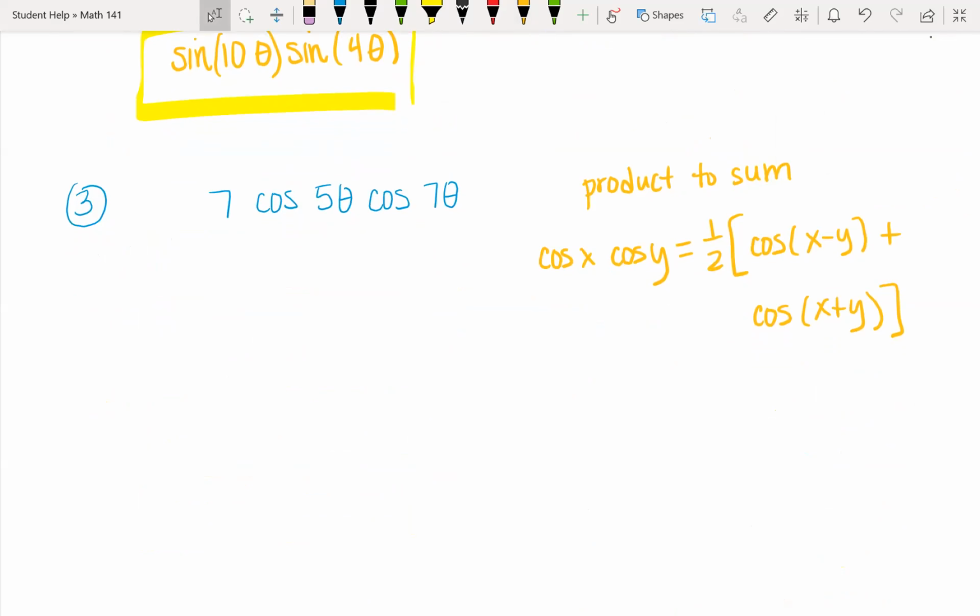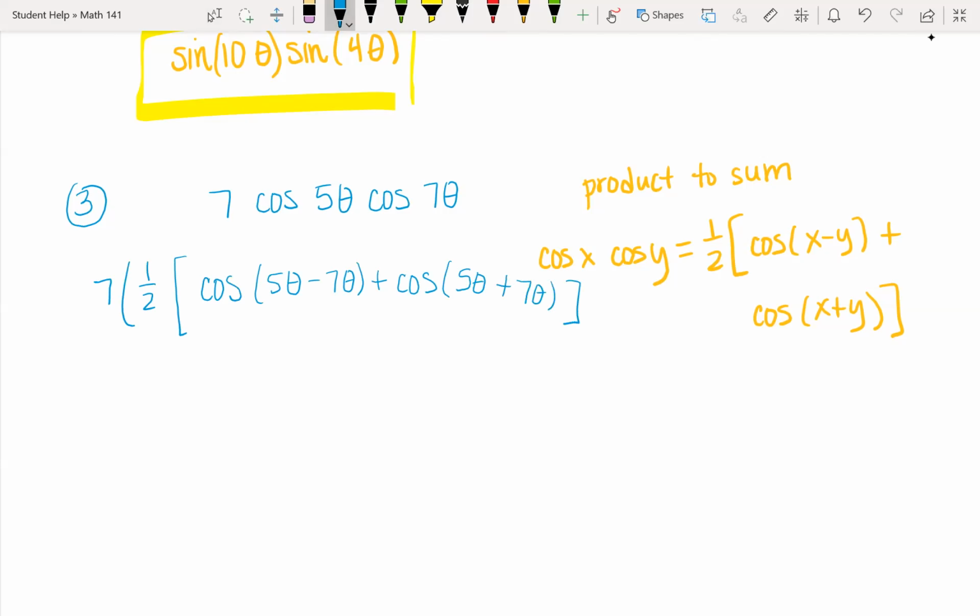All right, so I'm going to remember this time that I've got a 7 there in front. So I'm going to go 7, and then I've got a 1/2 cosine 5 theta minus 7 theta plus cosine 5 theta plus 7 theta.